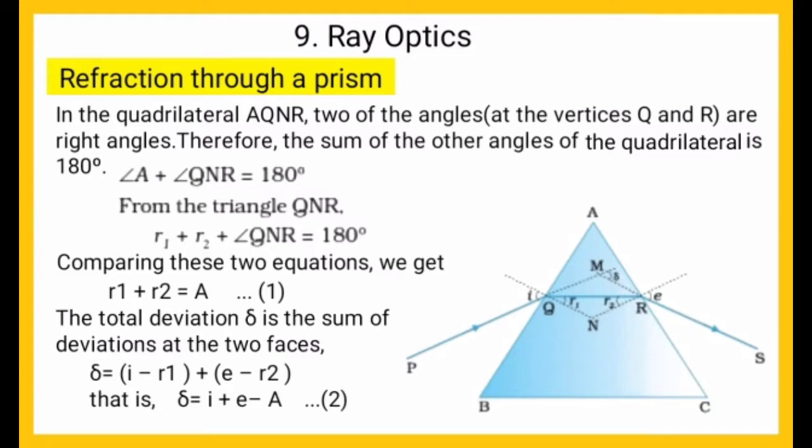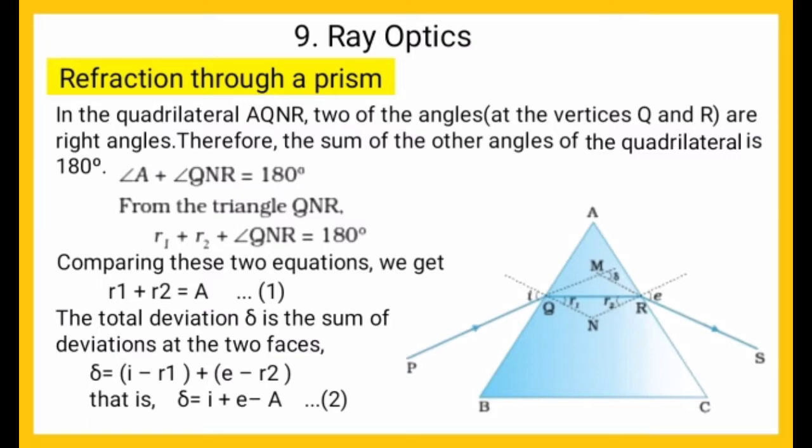From the triangle QNR, r1 plus r2 plus angle QNR is equal to 180 degrees. Comparing these equations, we get r1 plus r2 is equal to A. This is equation number 1.